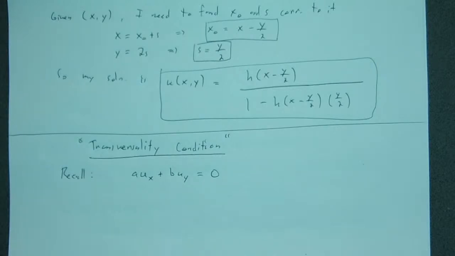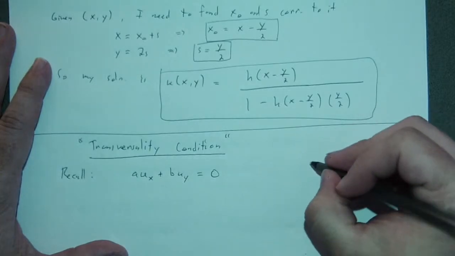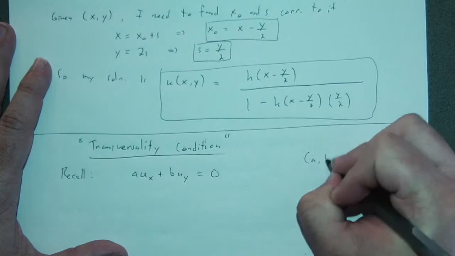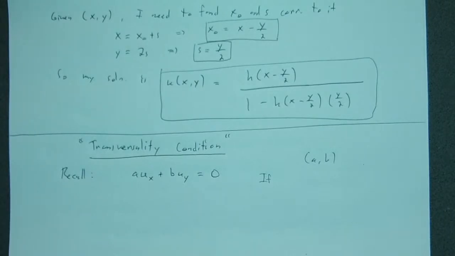Remember, our method of characteristics, in this very simple case, had us noticing that if you specified data on a line that wasn't parallel to the vector AB... I mentioned back then that when you specify data, it is of course very common to specify data on a curve that is just, say, the x-axis.